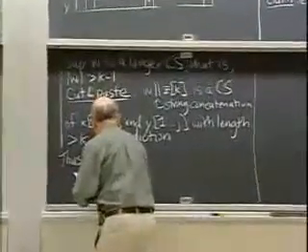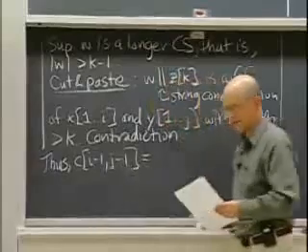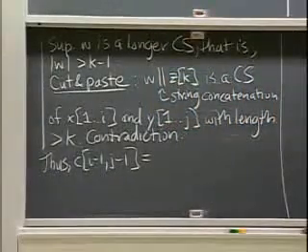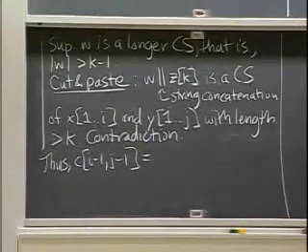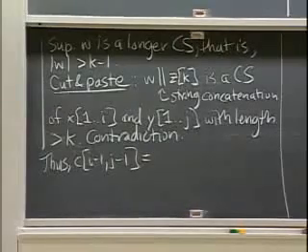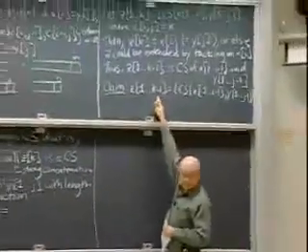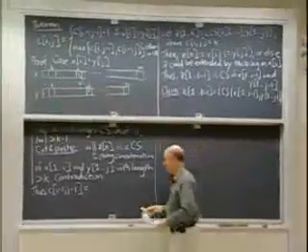Thus we have that c of i minus 1, j minus 1 is equal to what? What's c of i minus 1, j minus 1? k minus 1.